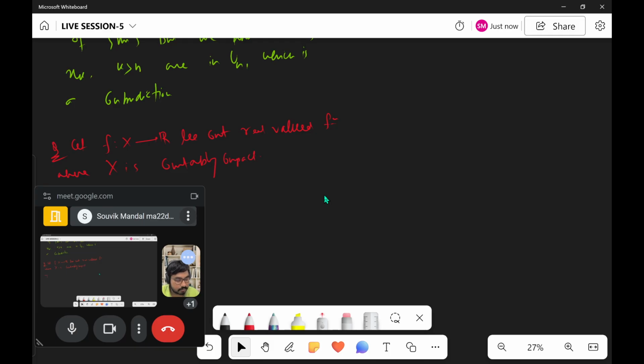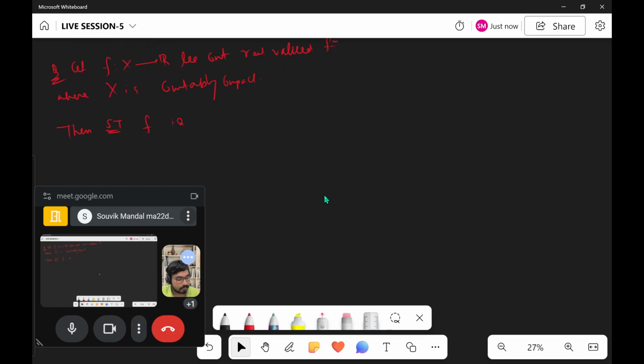Then show that f is bounded and attains its extrema.